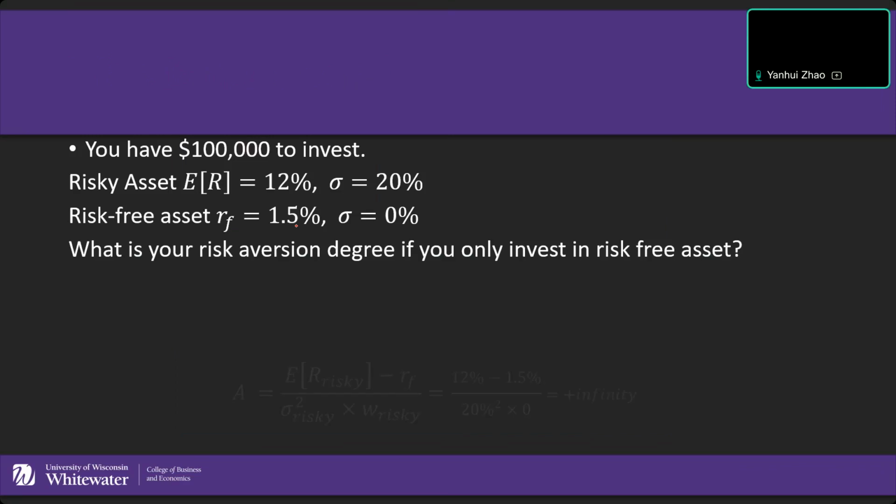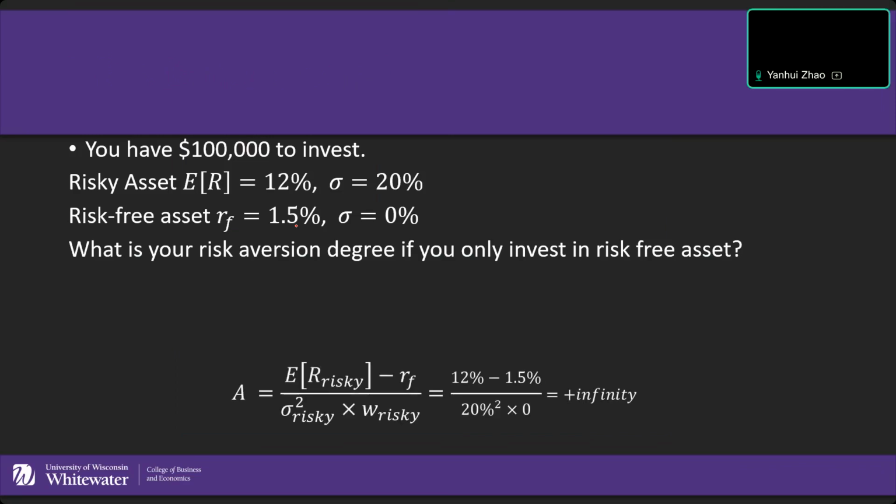And any number divided by 0 is infinity, right? So the degree of risk aversion for the investor who only holds the T-bills is positive infinity. Just remember the conclusion, okay?